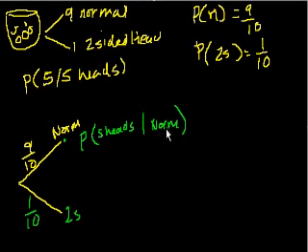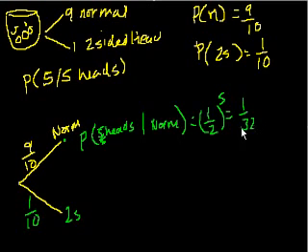So if I can assume that I had a normal coin, what are the probabilities that my next 5 are all heads? Well, each time there's a 1/2 probability, and I'm going to do it 5 in a row. So it's 1/2 to the 5th, which equals 1/32. So the probability that I get 5 out of 5 heads given a normal coin is 1 out of 32. Fair enough.